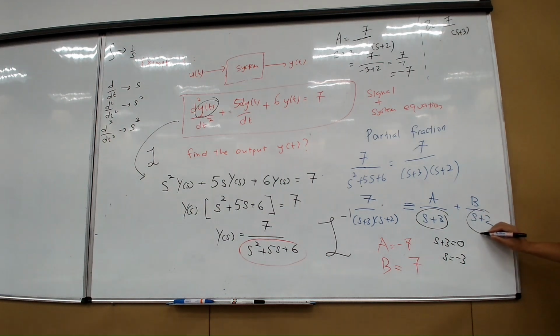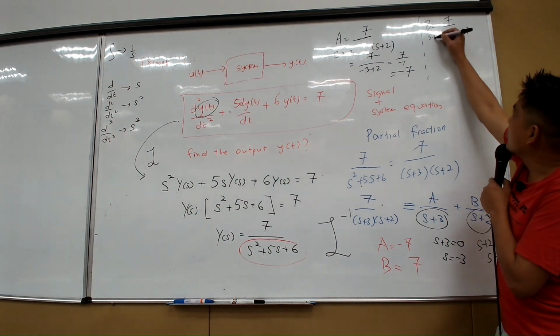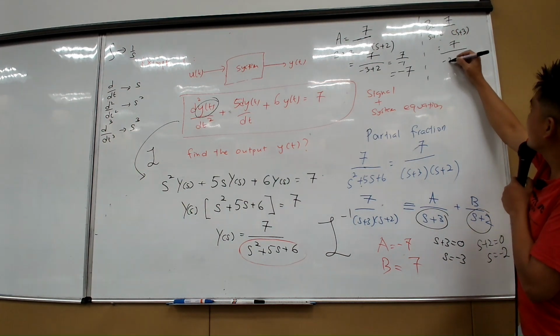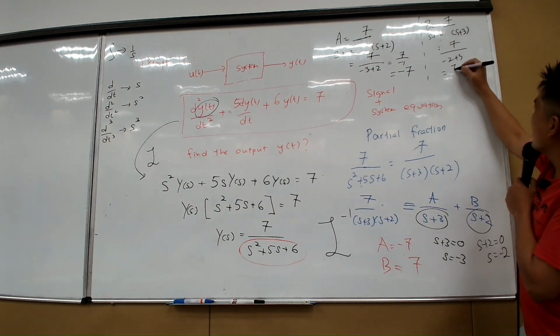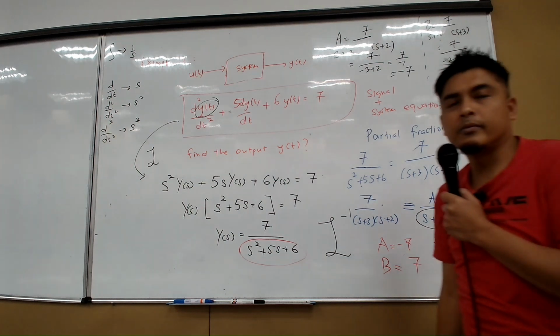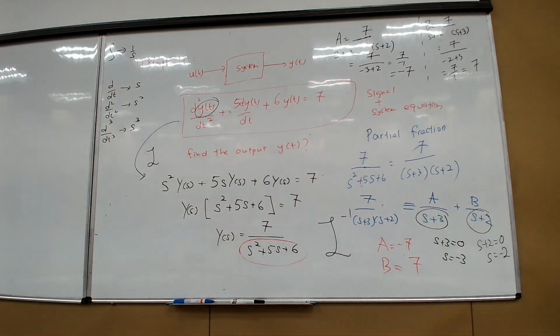And since under B is s plus 2, you make it equal to 0, so s equals negative 2. You replace s with negative 2, and then you get 7 divided by negative 2 plus 3, which is 7 divided by 1, so it becomes 7.